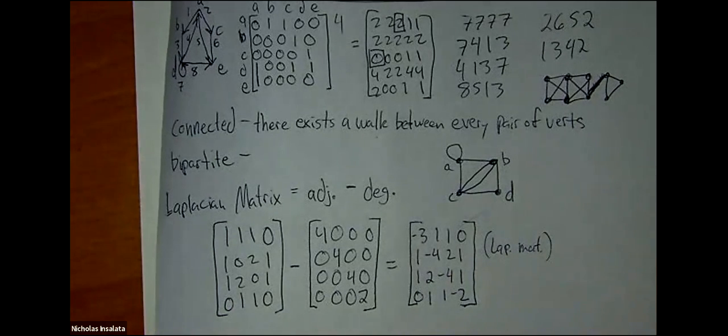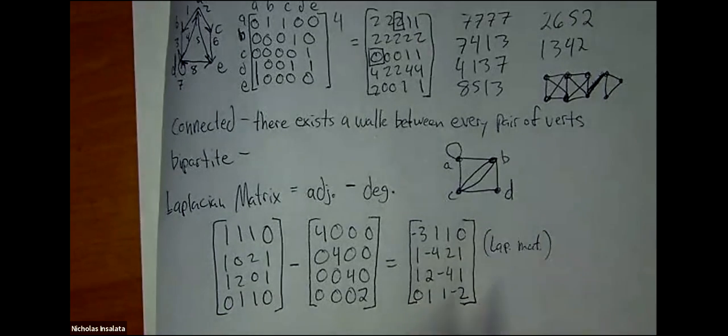Okay. Now it turns out that if you find the Laplacian matrix of a graph, you can find its eigenvalues. Does anyone who took linear algebra know what an eigenvalue is? Someone explain what that means? Or maybe eigenvectors, if that's easier for you.